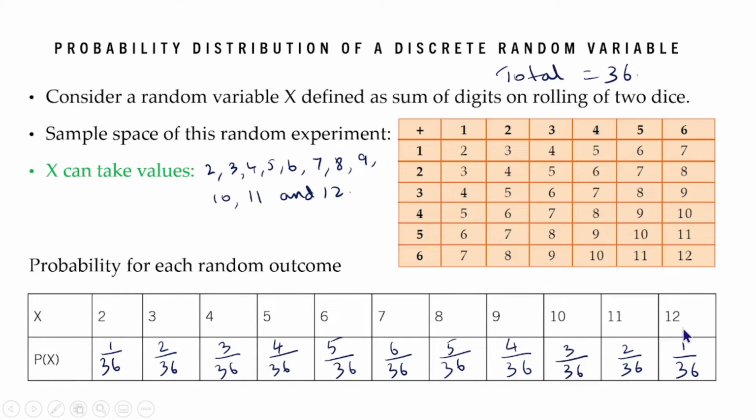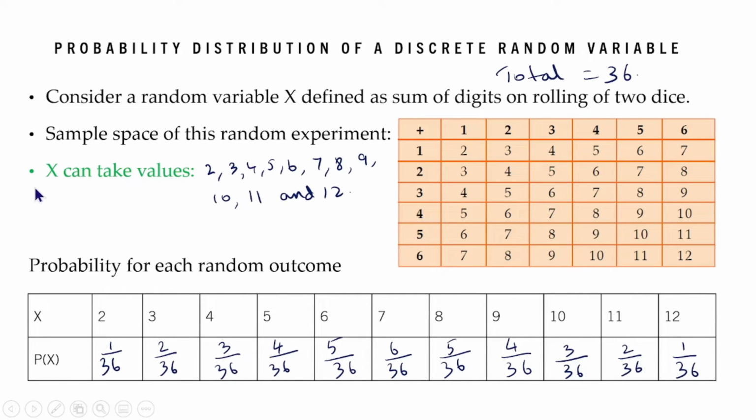till 12. This way of representing the outcome of a random variable and the associated probability is called the probability distribution. Here we can see that x takes only distinct countable values.